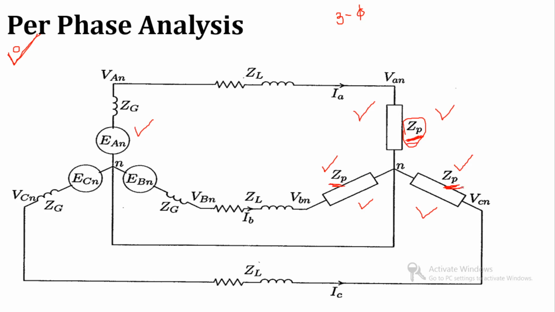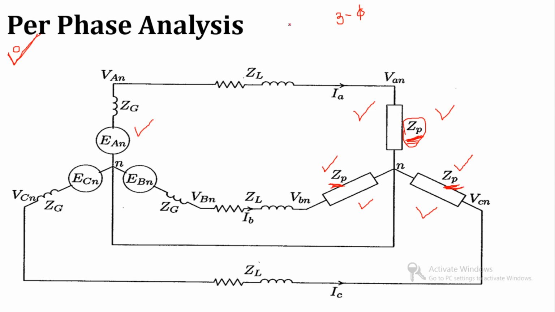So, we can say the same situation holds in all the three phases. So, we do not need to analyze all the three phases. If we analyze any one phase, then based on that analysis we can say that the remaining two phases have the same behavior as the first one.